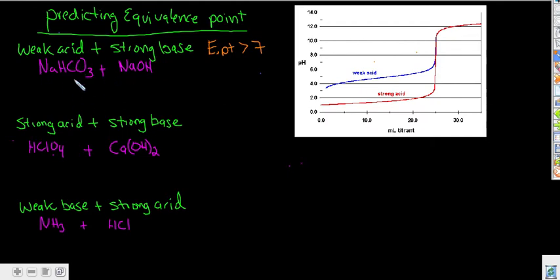So what about like a sodium hydrogen carbonate with a sodium hydroxide? Well, we know that the sodiums are not going to do anything, right? Because those are neutral. But the hydrogen carbonate is a weak acid, and this is a strong base.